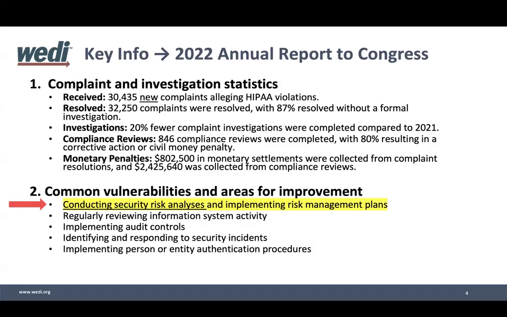There are other vulnerabilities, but we're taking this as priority area number one, to dig into why there is a lack of consistent risk analysis being done, either for the first time ever or a more recent, current risk analysis that would show your risk management plan reflects your current environment and the current threats and vulnerabilities the organization faces.